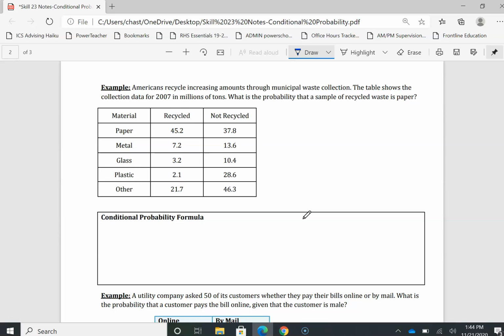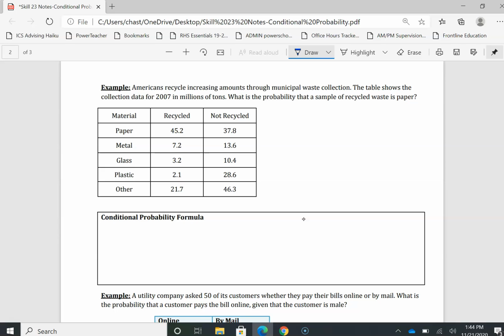All right, let's look at another situation here. It says Americans recycle increasing amounts through municipal waste collection. The table shows the collection data for 2007 in millions of tons. What is the probability that a sample of recycled waste is paper?